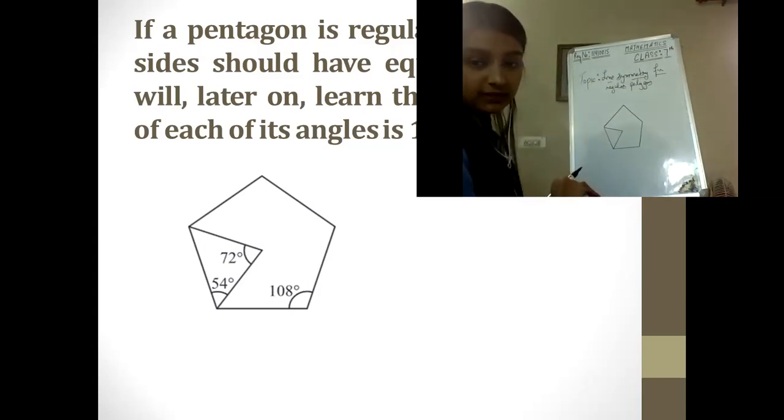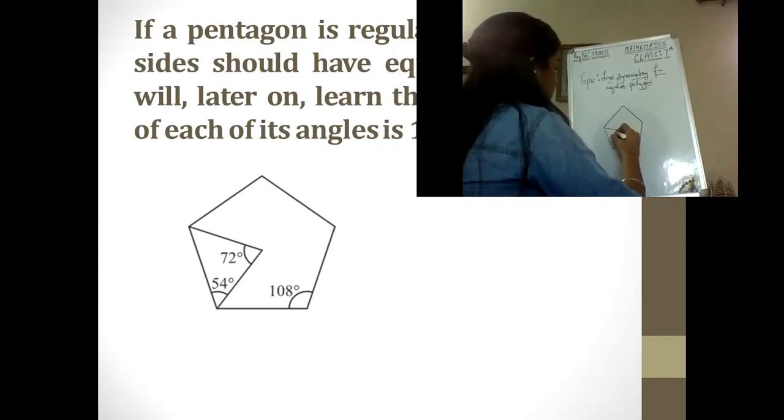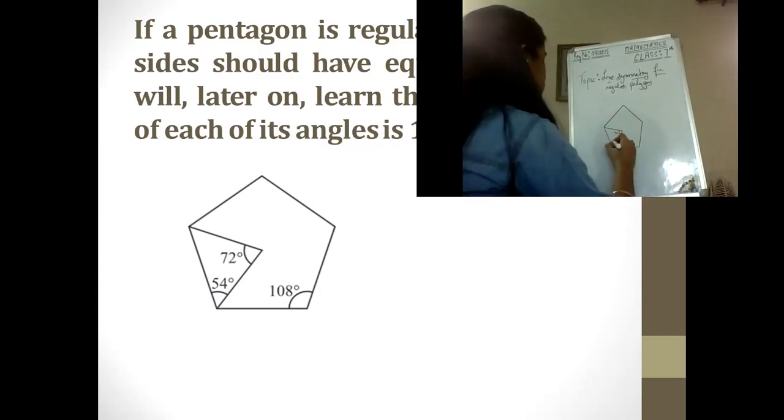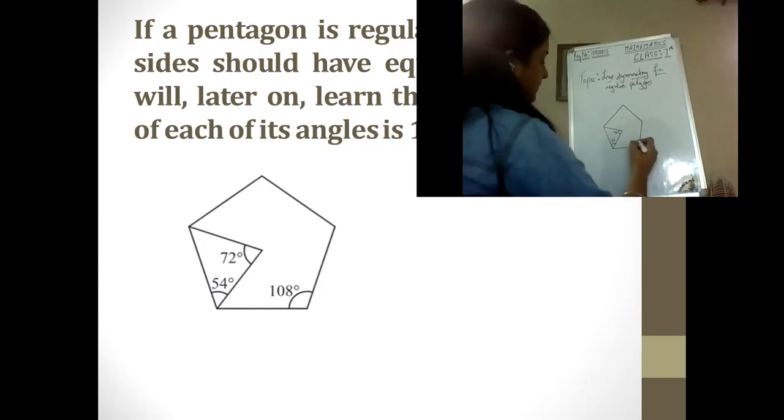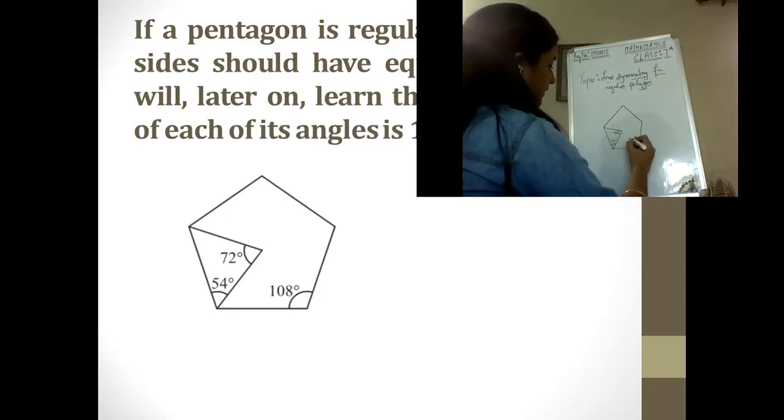Now what they have done is, they have given the angles, that is 72, then 56. We can find the third angle. Also, we can see that there is an angle which is broader, making an angle of 108.